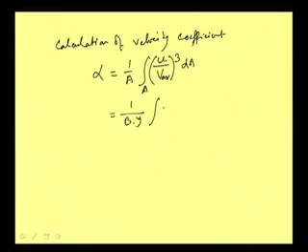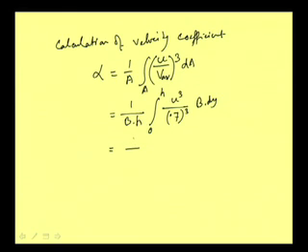Then we consider u cube, and this V average we already have as 0.7, cubed. dA we can write as b into dy, and then when we express it like that, we need to integrate it from 0 to h. Well, this is not y, this is the total depth, so the area is b into h.